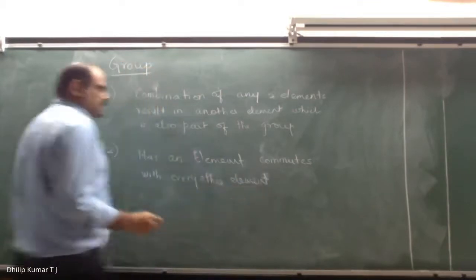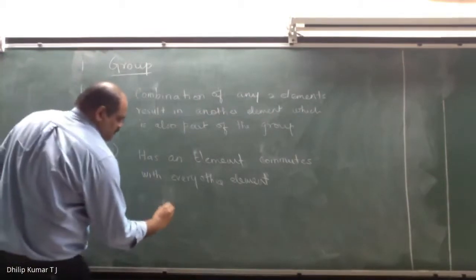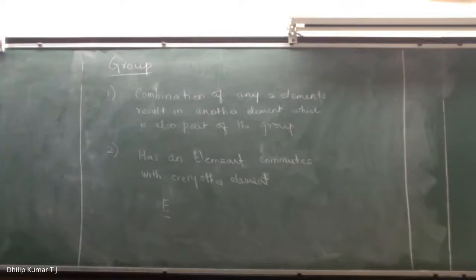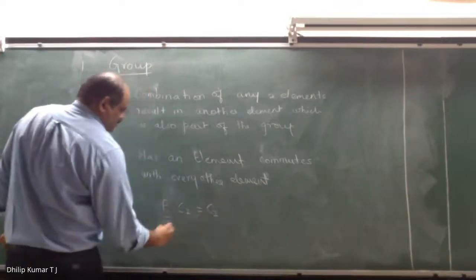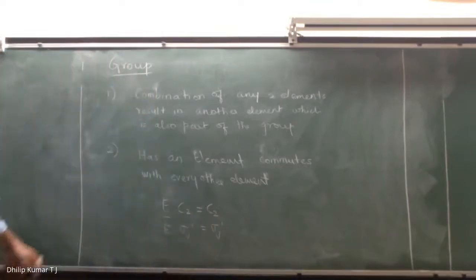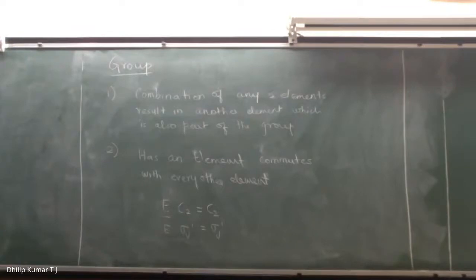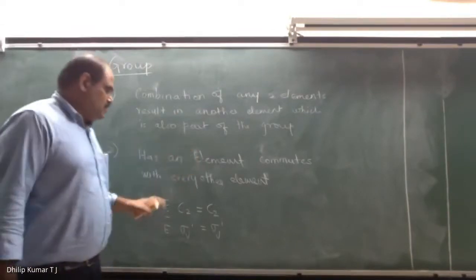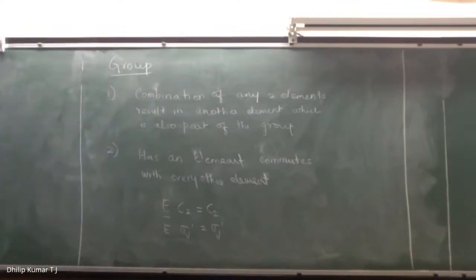Commute means it just mixes it and then gives the same thing. So identity is the element which commutes with every other element. For example, E into C2 will again give C2. E into sigma V prime will become sigma V prime. So it results in the same element, right? That's what is called commuting. So E is present in every group, and it commutes with every other element in the group.